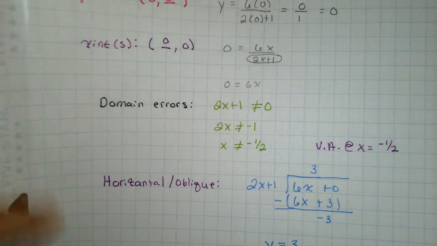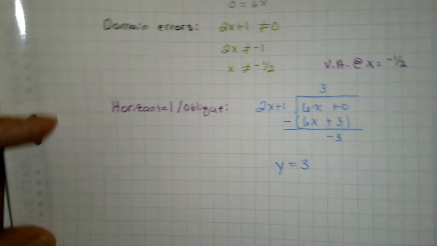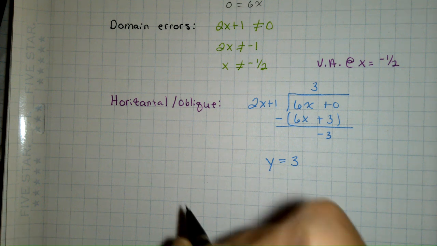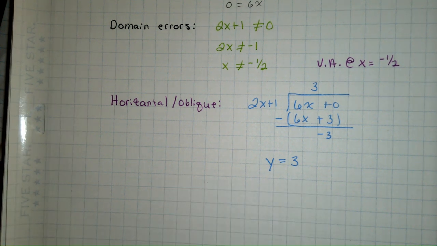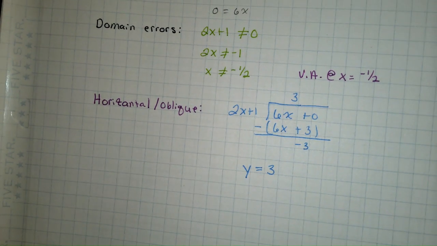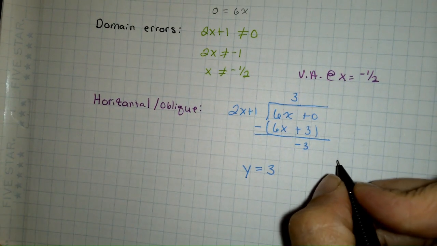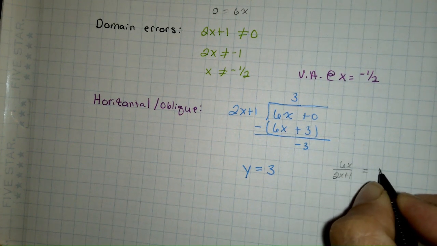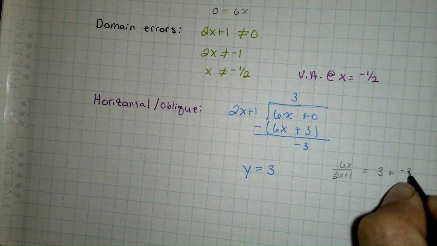Okay, let's get all these key pieces on a graph really quick. Before I graph this, I do want to add one key side note. Yes, this is 6x over 2x plus 1 is equal to 3 plus -3 over 2x plus 1.